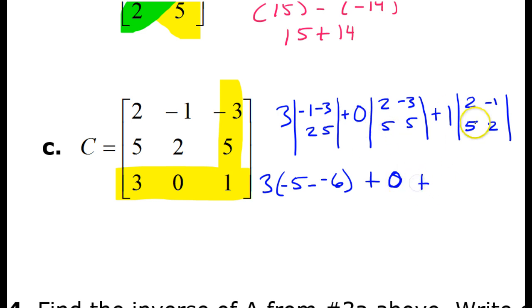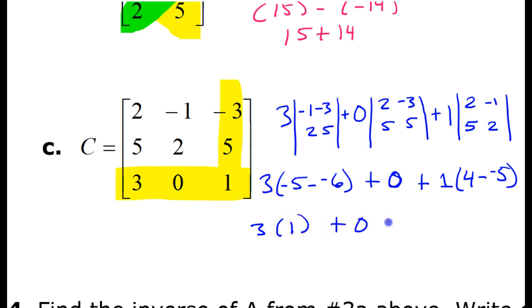All right, let's move on to the last part. So this is just going to be 1 times down diagonal is 4 minus the up diagonal, which is -5. So that's going to be 3 times -5 minus -6. Well, that's like -5 plus 6, so that's 1.